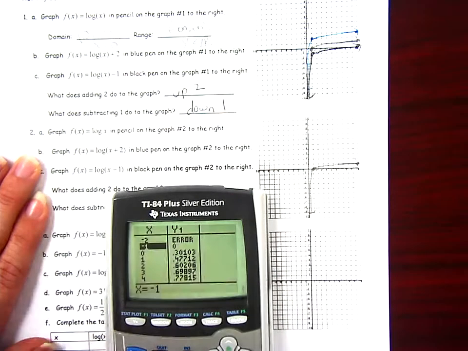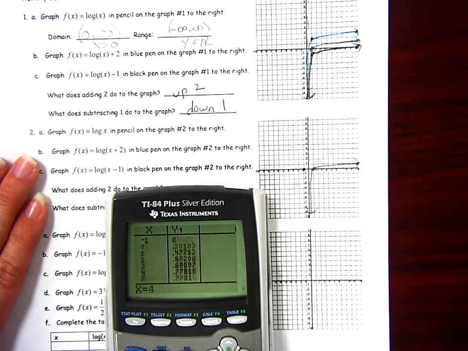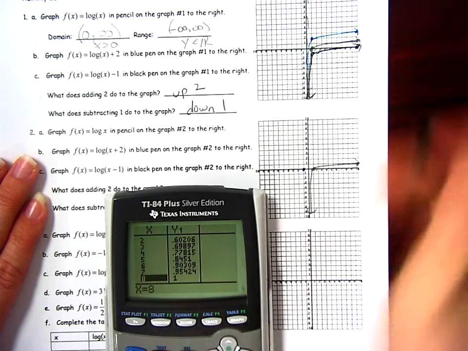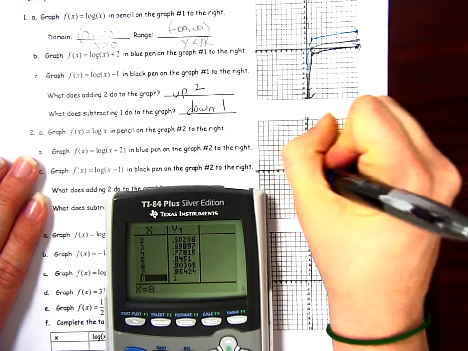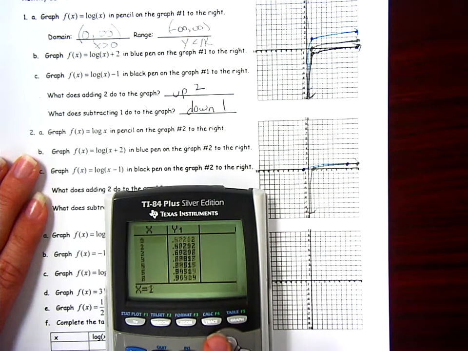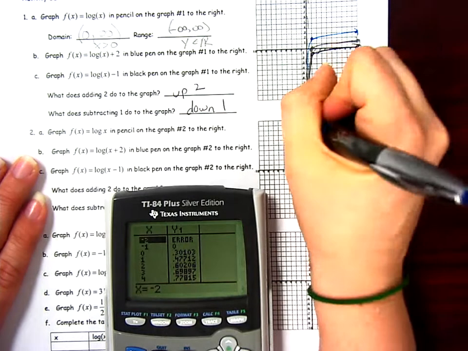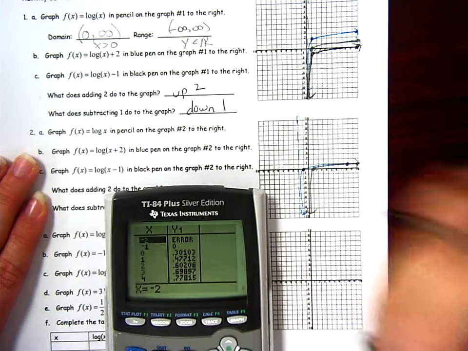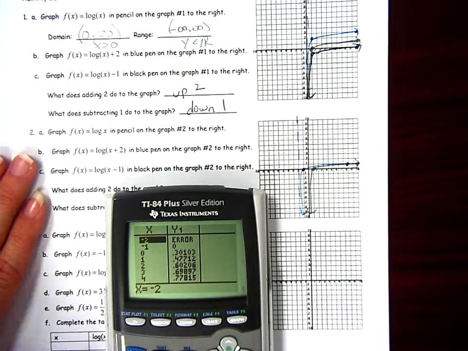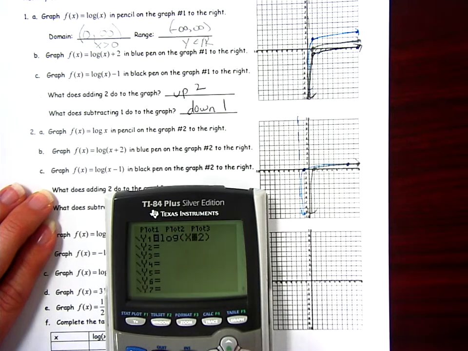When we look at my table, okay, now we've got a point at negative 1, 0. We come down here to find our next clean point. Now it's at 8, 1. Okay, and if you notice the asymptote, we have negative 1, 0. Now my asymptote is at negative 2. So it comes down and approaches negative 2.